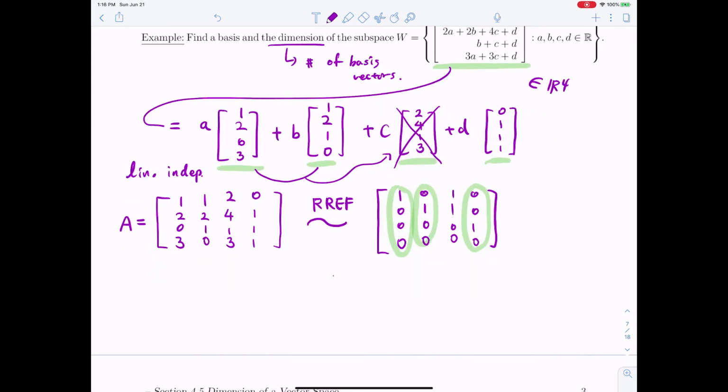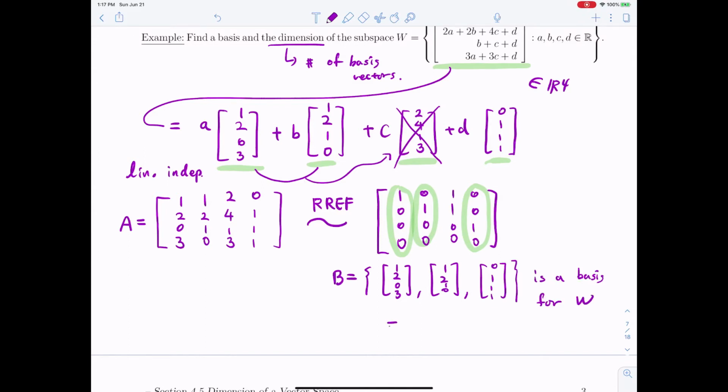So from here, we can tell that the set of these three vectors, 1, 2, 0, 3, and 1, 2, 1, 0, and 0, 1, 1, 1 is a basis for W. And this implies that the dimension of W equals 3.